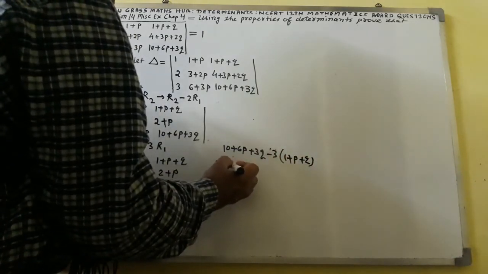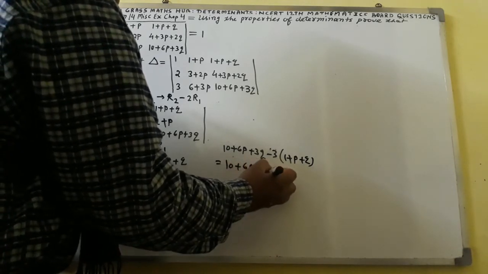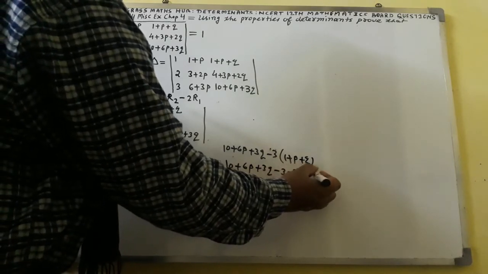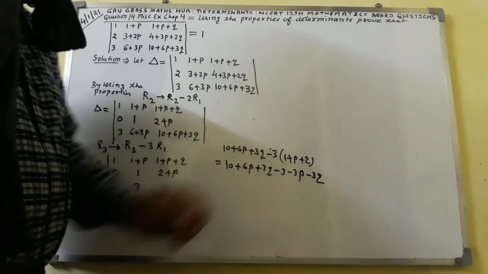So here you will get 10 plus 6p plus 3 cube minus 3 minus 3p minus 3 cube.